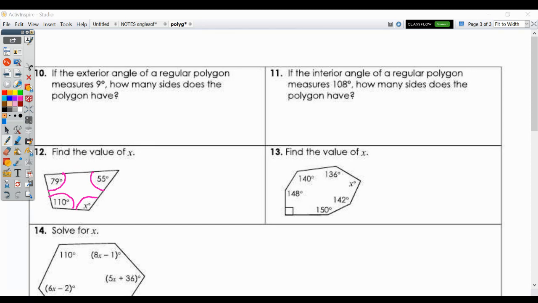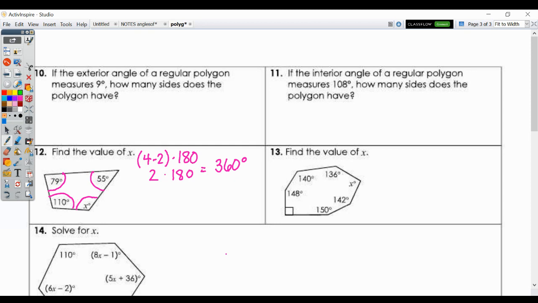This polygon has 4 sides. So I'm going to do 4 minus 2 times 180. 2 times 180 is going to be 360 degrees. So that means that all of these angles added together are supposed to be 360 degrees.